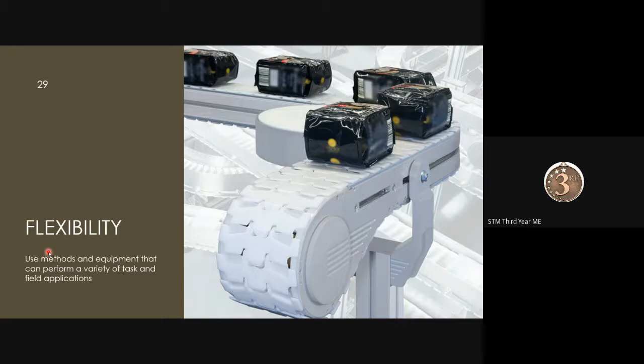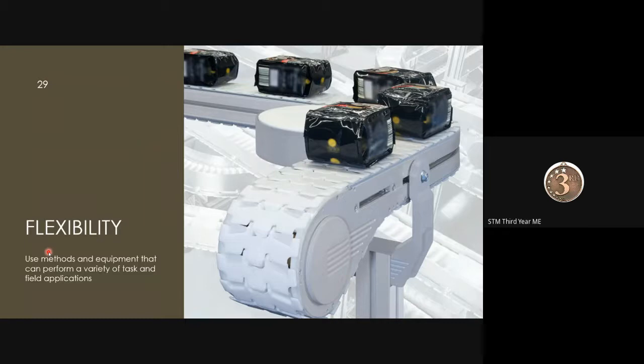So that is the flexibility there. It can always be used for the transport of material, even if the material differs, and it can be used for multiple purposes. So that is what is meant by flexibility. It must be able to perform a variety of tasks, not a single task.